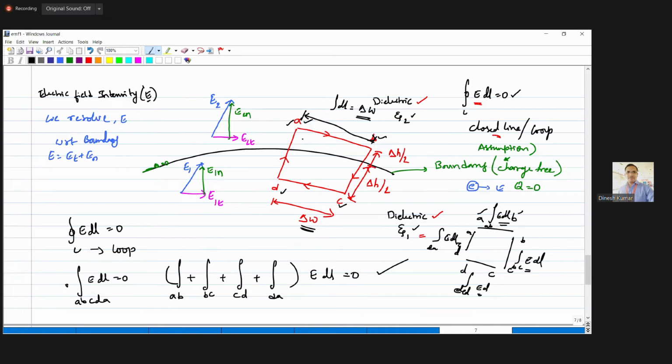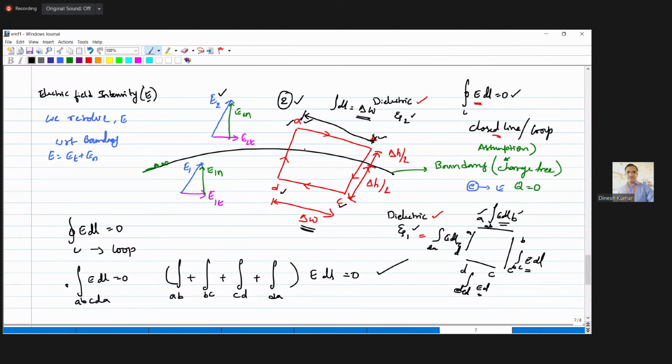This AB is completely present in dielectric medium 2. The line AB is completely present in dielectric medium 2. Therefore, you have to see the component of the second electric field intensity, that is E2.